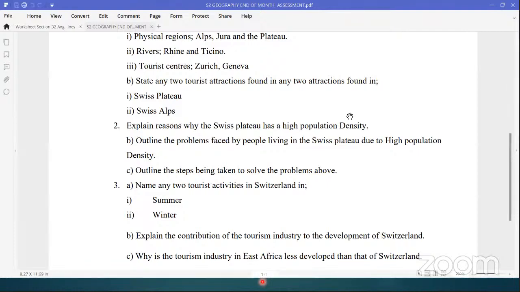And there is high cost of living. High crime rate as a result of high population and high cost of living. Thank you. Those are the problems caused by high population. There's a problem of high crime rate and high cost of living.